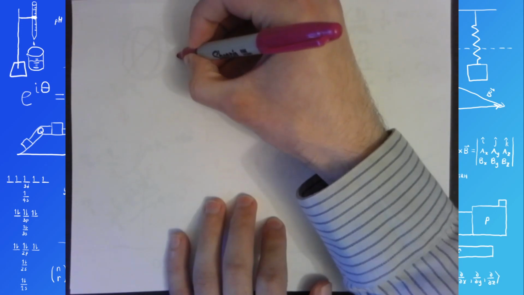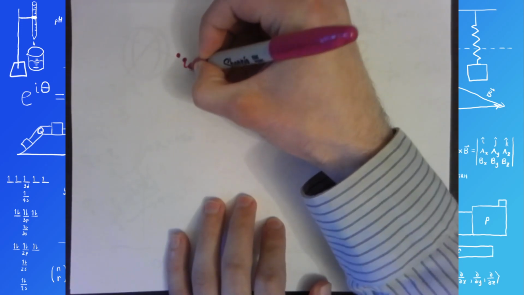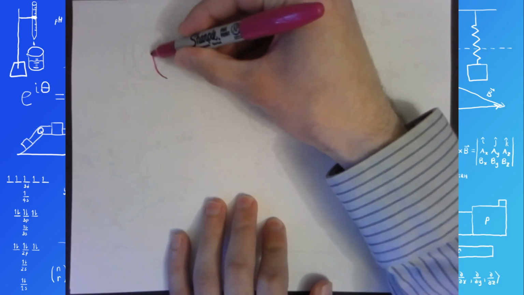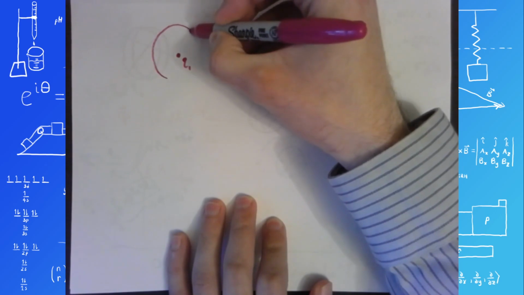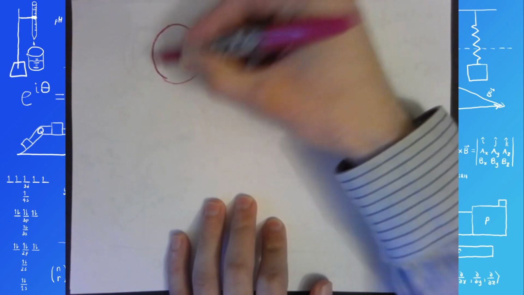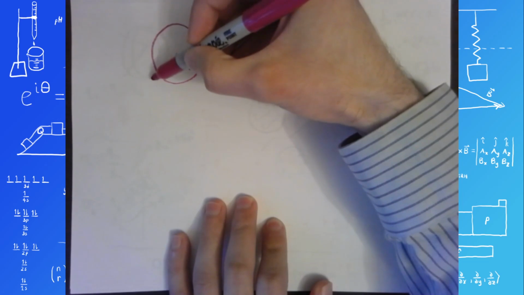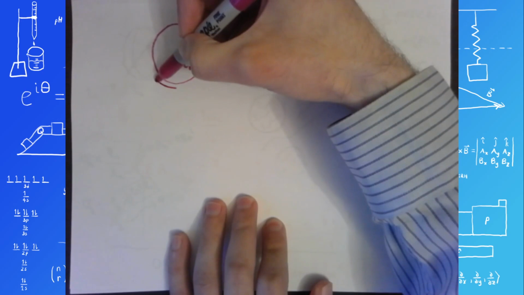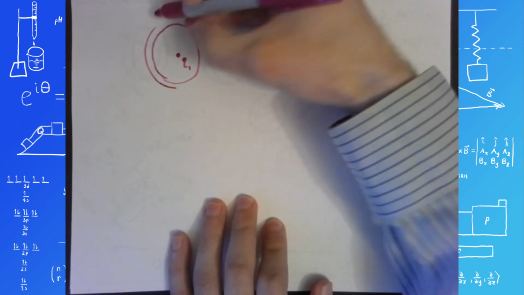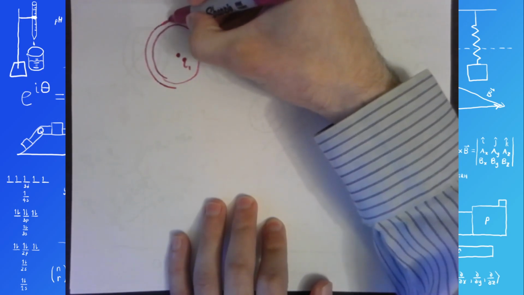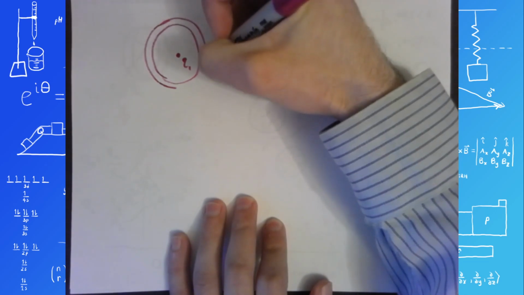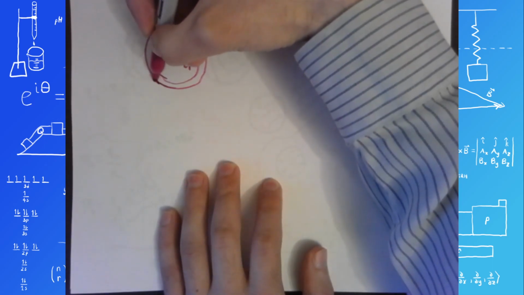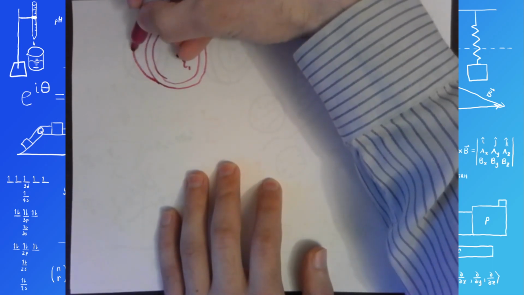We're going to have a charge of Q1 inside of a sphere, and this sphere, this spherical shell, I should say, will be an insulator this time. So let me go ahead and extend it like that.